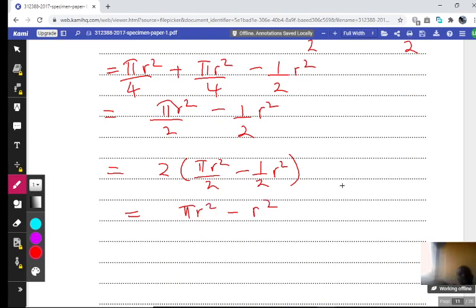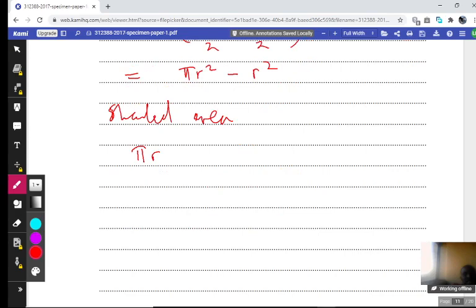Now the area of the shaded part. The area of the smaller circle is pi r squared. So it will be pi r squared minus the area of this one, pi r squared minus r squared.